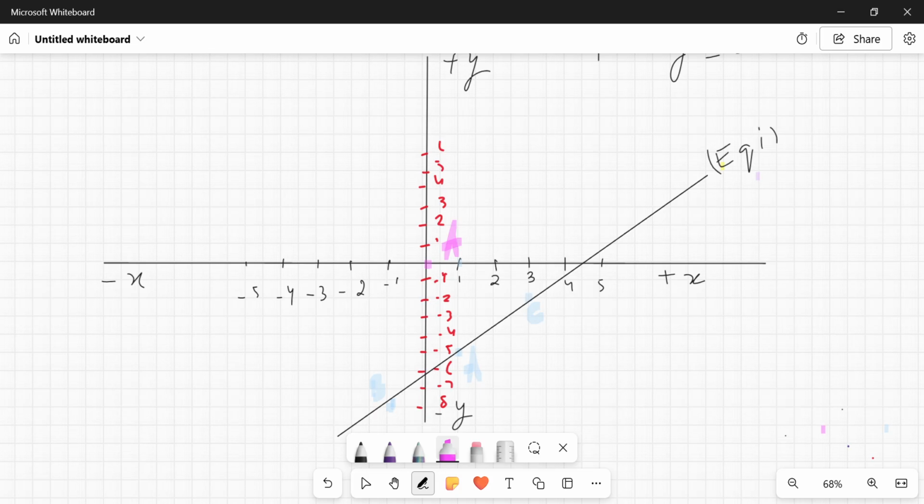Okay, x is 2 and y is -2. You need to go down. This one is a point and I'm writing B here. And the next one is -2 and 2. -2 and 2 here.